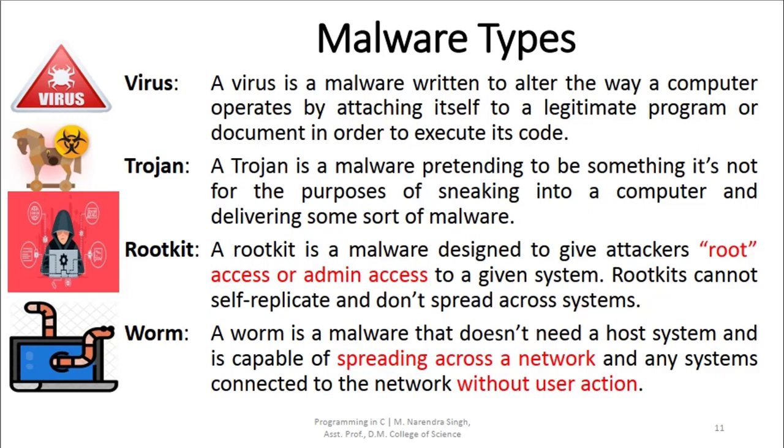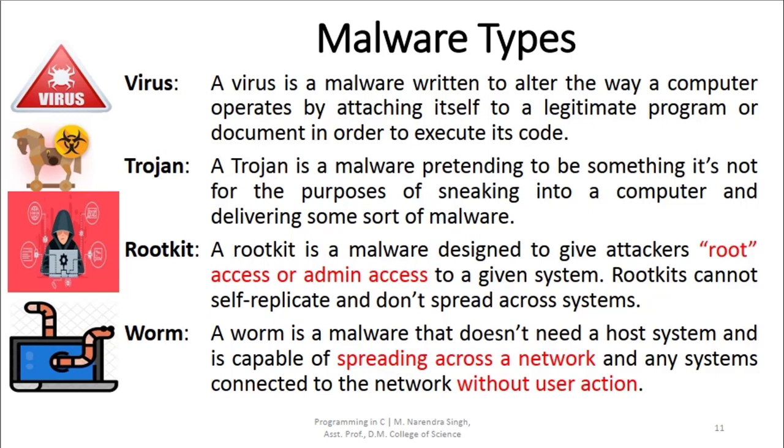Next kind is rootkit. Rootkit is a malware designed to give attackers root access or admin access to your computer system. When you buy a computer, when you buy a laptop, there is an admin account and a restricted account. If you have an admin account, then you can install, uninstall software, make changes, delete files, can do all kinds of things.